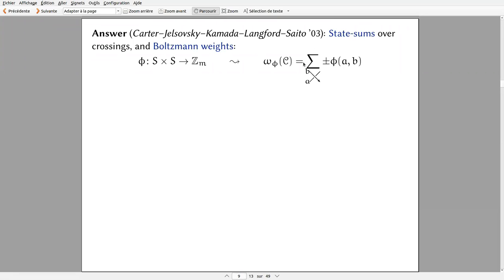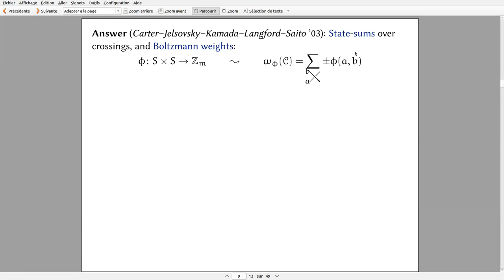There are two particular colors which are of interest to me, A and B, and I would like to have some map phi which I would be able to evaluate on these two colors. So it's a map which can be evaluated on a couple of elements of your set S, and which takes values in an abelian group, let's say integers modulo m.